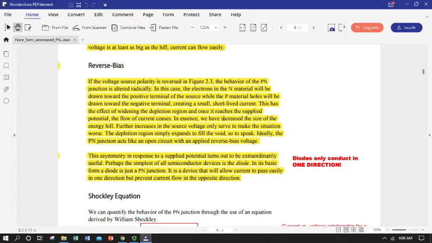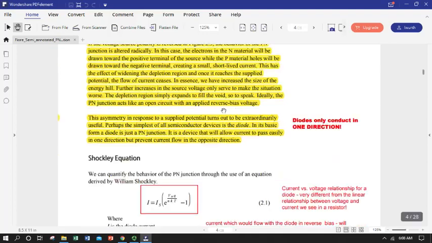So you would have destroyed the device in that case. So that's what's known as reverse bias. When we pull the charge carriers away from the interface and steepen the hill, nothing can cross it. So as a result, with forward bias we can conduct. With reverse bias we can't conduct, and therefore diodes only conduct in one direction.